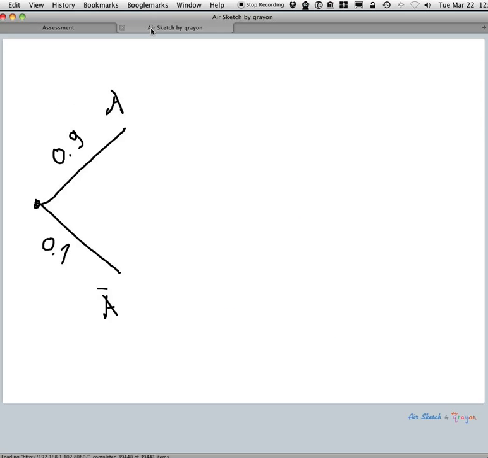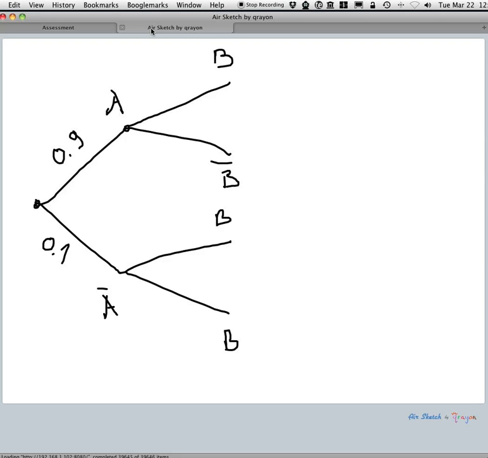Okay, now the second level is B. So we have B and the complement of B, B and the complement of B. But what probability is this one exactly? Well, this is the probability of B given A. This is important.